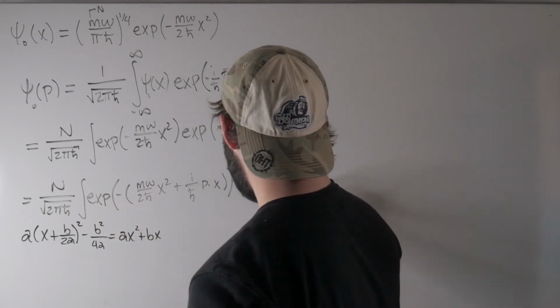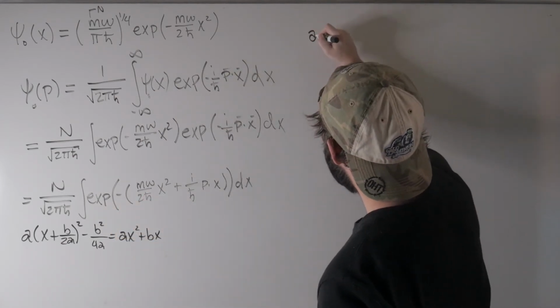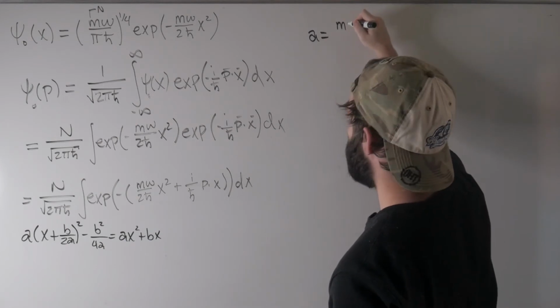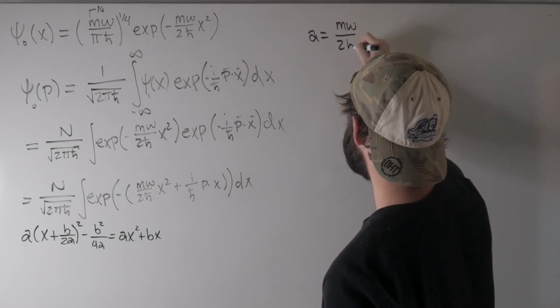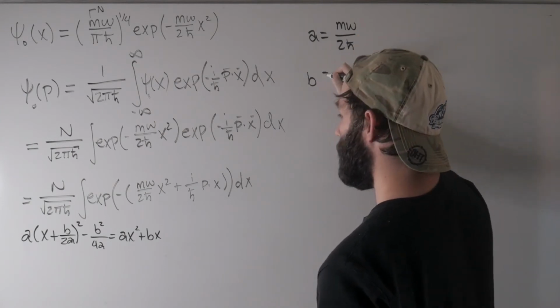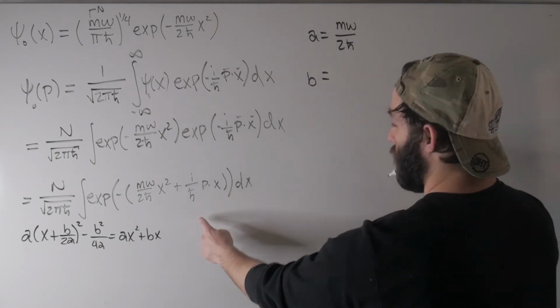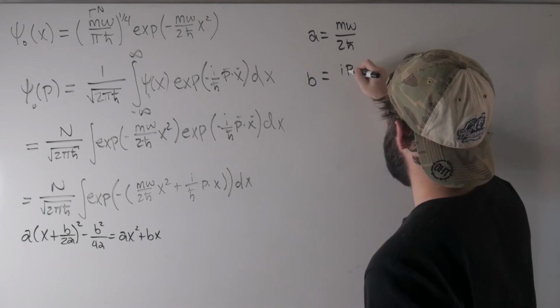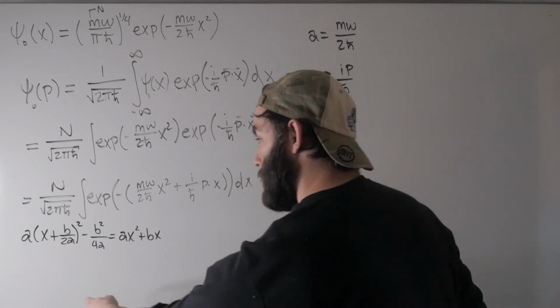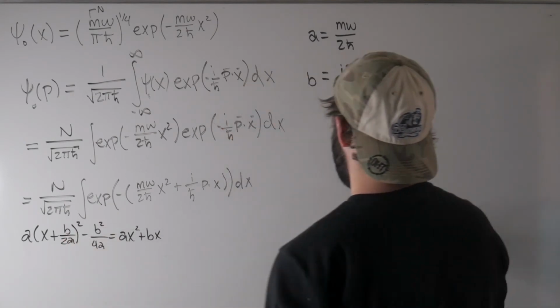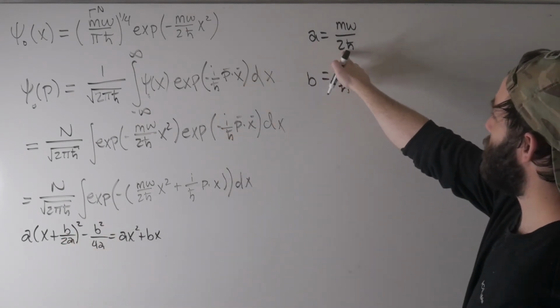Okay, so our a is equal to m omega over 2h bar. B is equal to ip over h bar. Okay, and now we're going to need b over 2a. So for 2a, the 2 cancels.